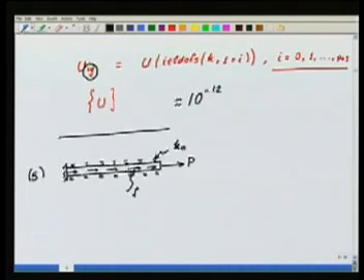So, let F be 1, let us assume. In this case, what happens to the exact solution? My differential equation looks like this: minus u double prime plus K naught u is equal to F.